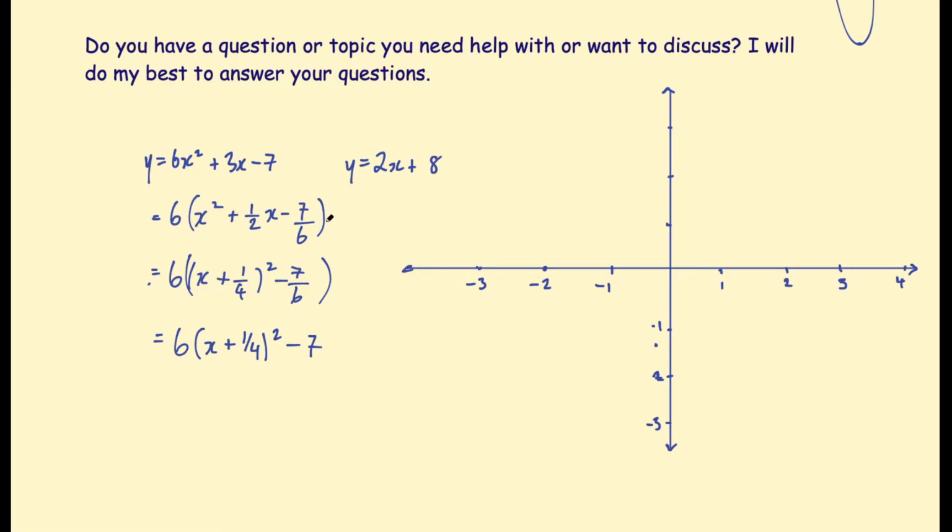So you factorize the 6 out, you have 7 on 6, and then you have x plus a quarter all squared take 7 on 6. Yeah, and then you can multiply it through by 6 again. So you have 6 lots of x plus a quarter all squared take 7.